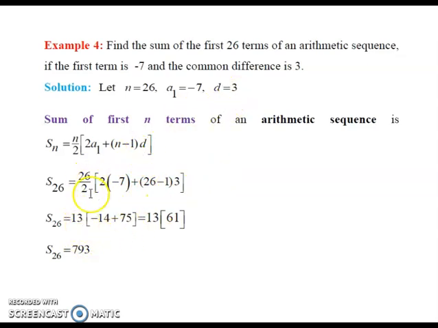So 26 by 2, 13. 2 multiplied by minus 7, minus 14. 26 minus 1, 25. 25 multiplied by 3, 75. 75 minus 14, 61. 61 multiplied by 13, 793. This is our required S26. That means the sum of the first 26 terms of the arithmetic sequence is 793.